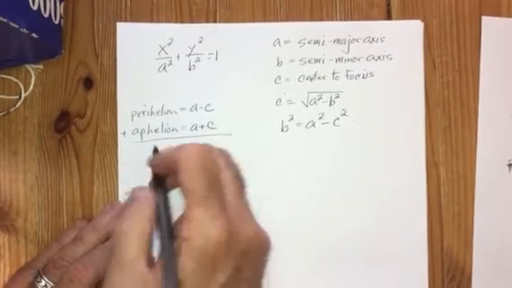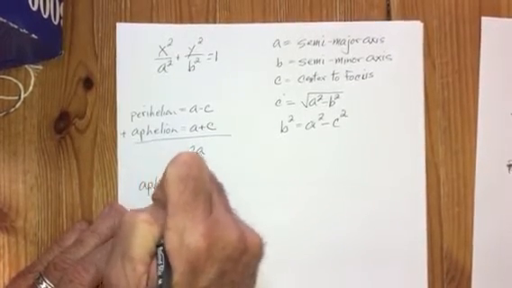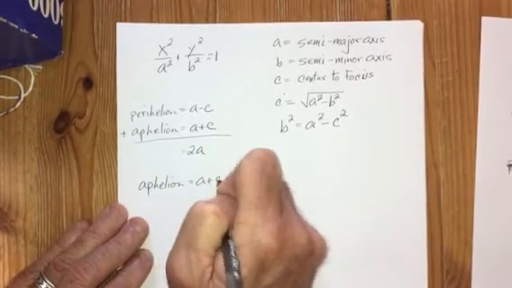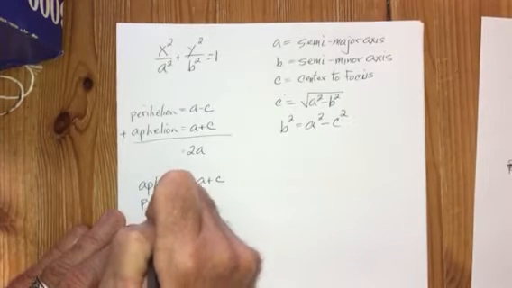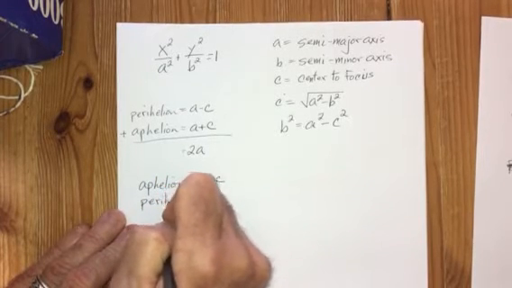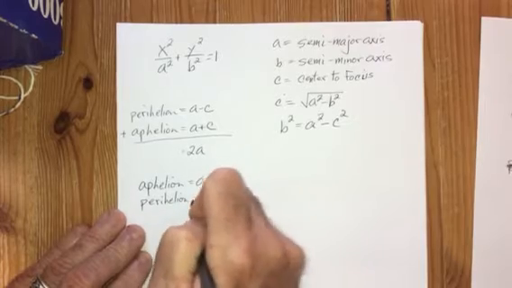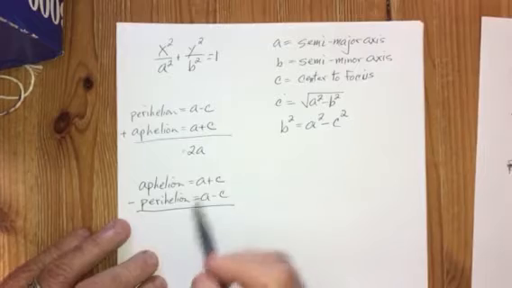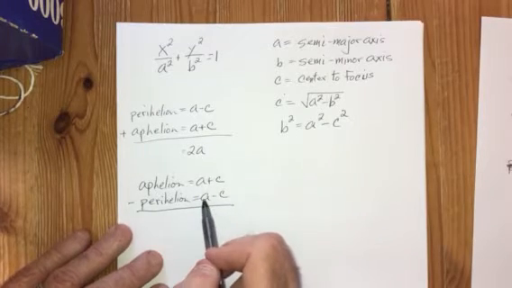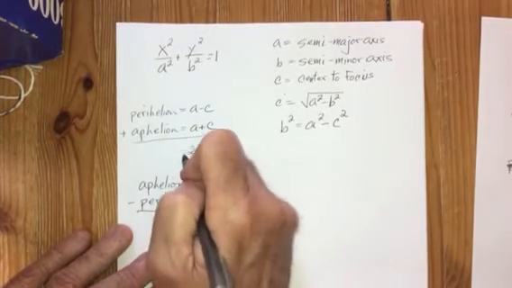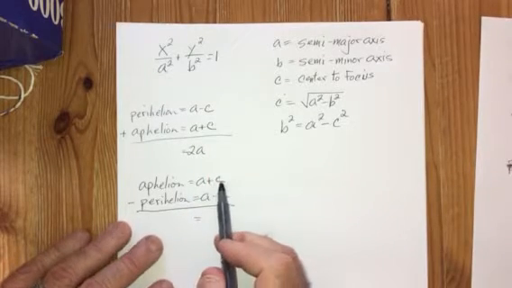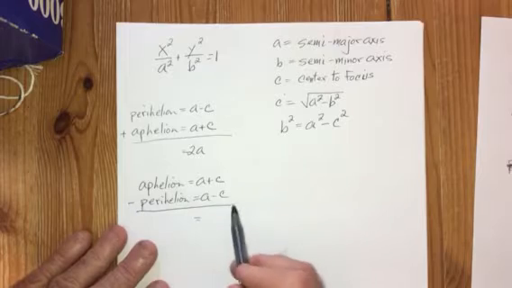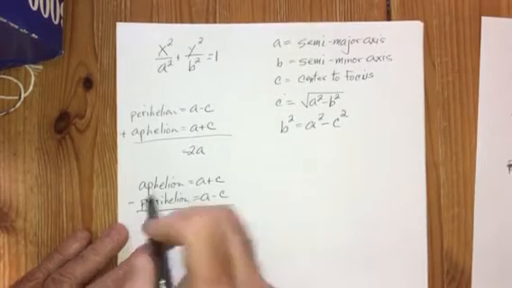On the other hand, if we subtract them, so let's do it this way: aphelion, which is a plus c, and perihelion, which is a minus c. If we subtract those, here we have a minus a, those cancel. And then c minus negative c is the same as c plus c, which is 2c.